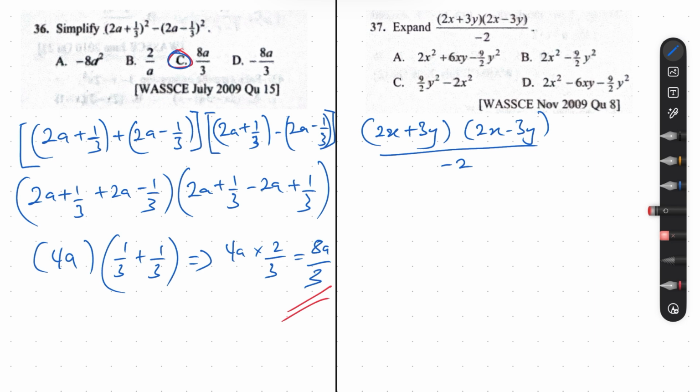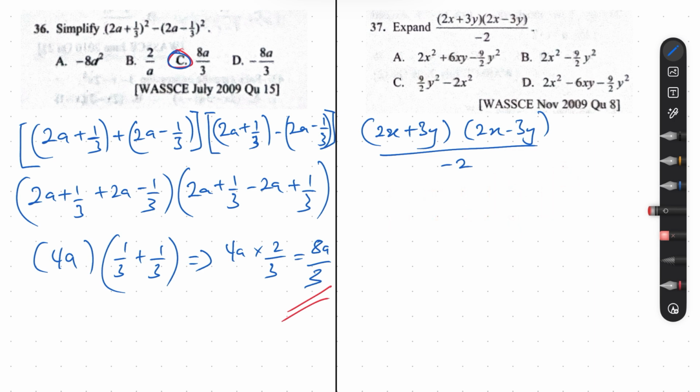We can see that this is an addition and this is a subtraction of the same terms. 2x here, 2x here, 3y here, 3y here. It looks like a difference of two squares. And this expression is the same as 2x all squared minus 3y all squared, right?